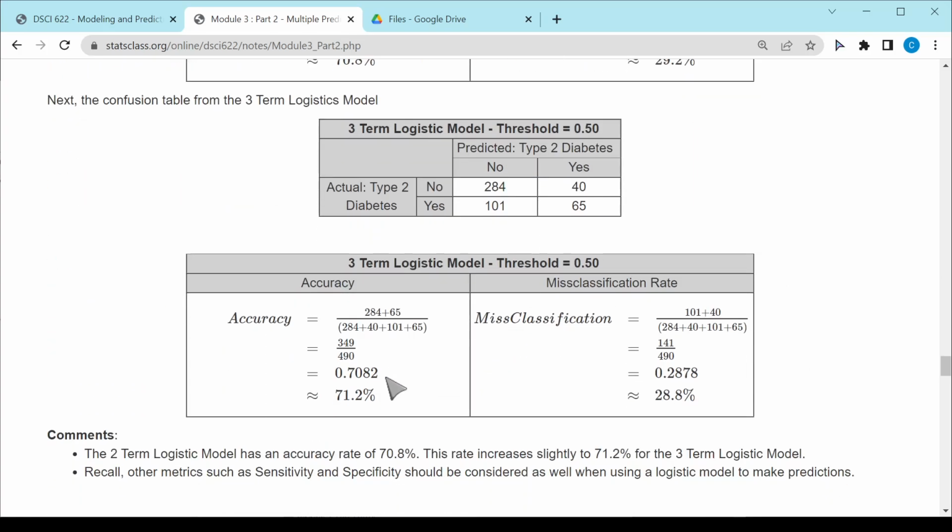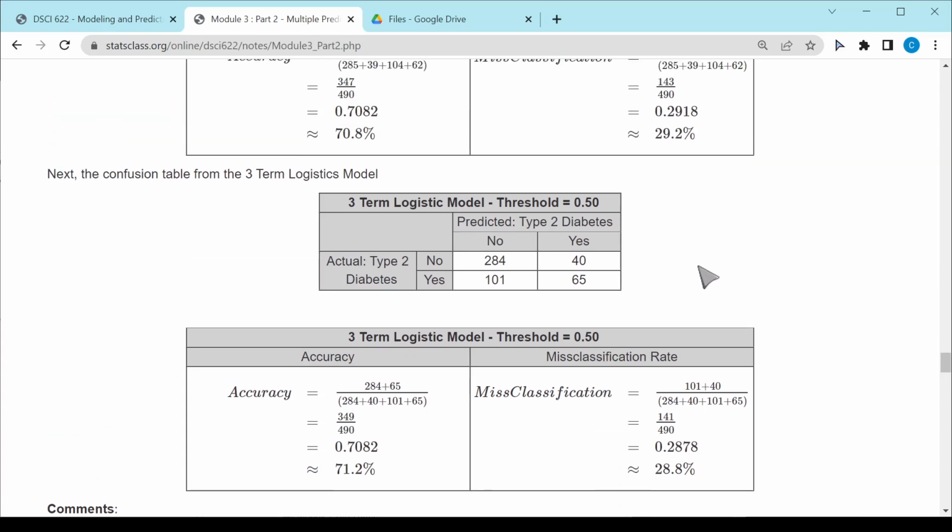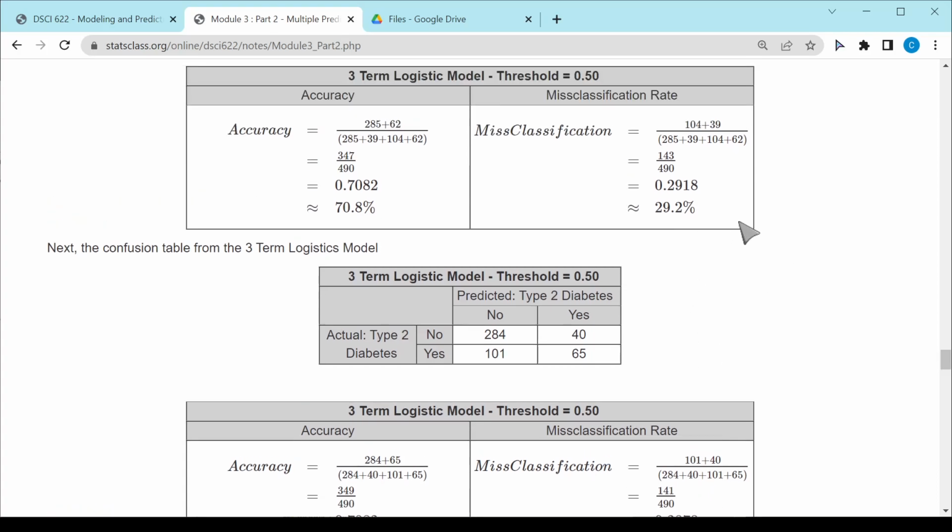When I go to the three-term logistic, my accuracy jumps up a little bit to 71.2%. And my misclassification rate actually goes down. One thing that I'll mention about this model is that the misclassification rate for this Pima Indian data set is actually pretty high.